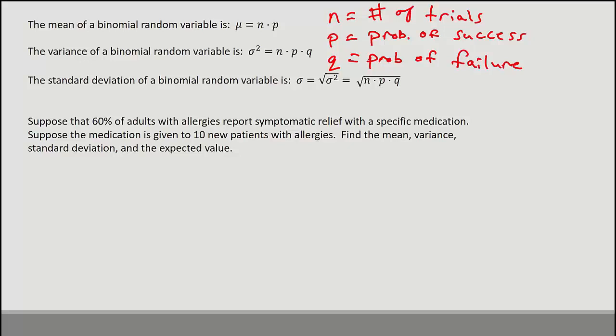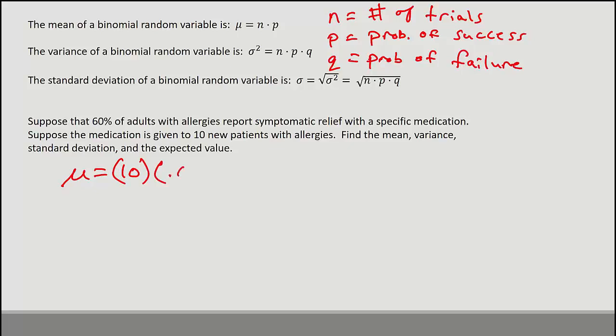Same scenario. 60% of people with allergies will get relief from this medication. We're going to give it to 10 people. What's the mean, variance, standard deviation, and the expected value for this situation? The mean is n times p. What's n? How many patients do we have? We have 10 patients.